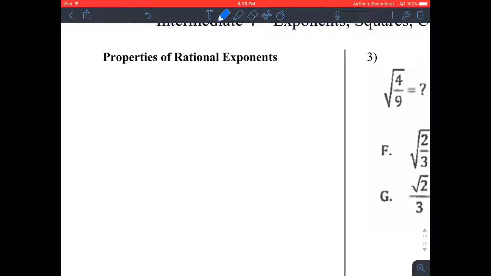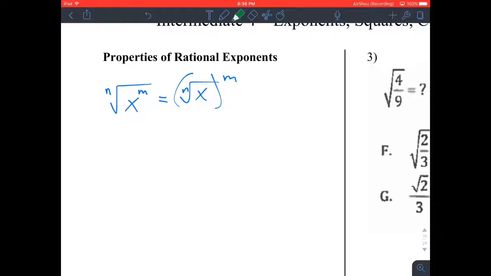So there's one really important property, and it's probably, I guess, the only one that we're going to discuss, and that is the nth root of x to the mth power, which is equivalent to saying the nth root of x, to the mth.